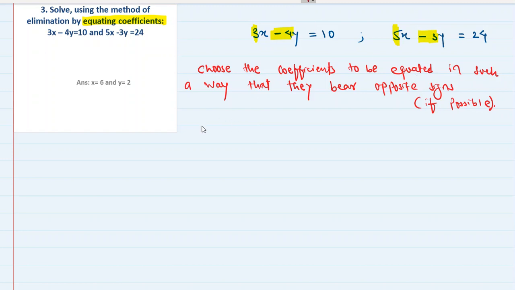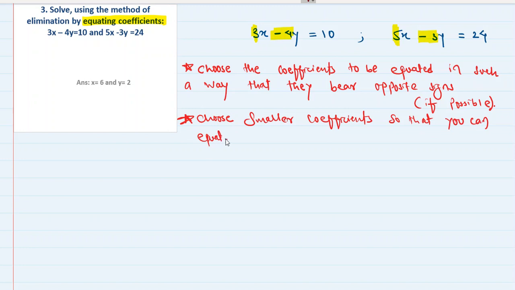One more thing: choose smaller coefficients so that you can equate them easily.